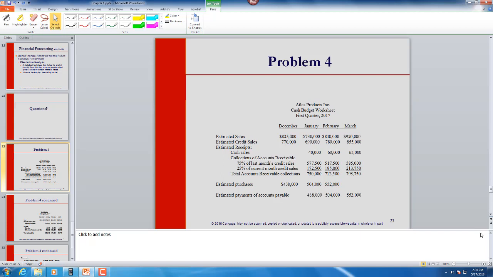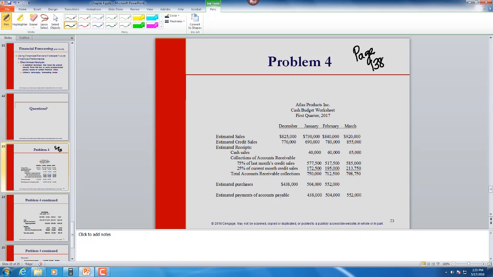The budgeting section of the Corporate Finance Department of Atlas Products has received the following sales estimates from the Marketing Department. December 2016, they have total sales and credit sales. This is on page 138 in edition 14. That's where I'm doing this from.